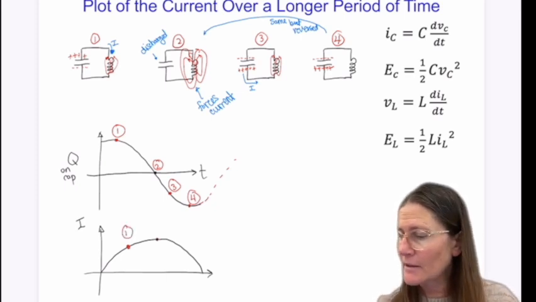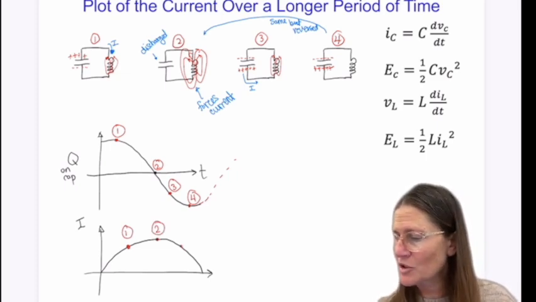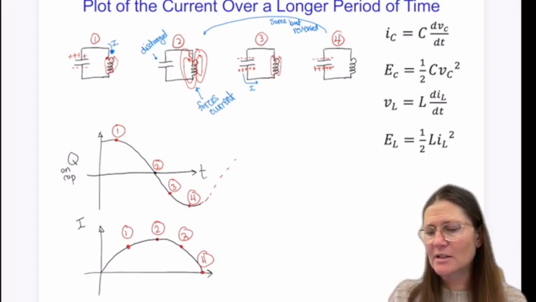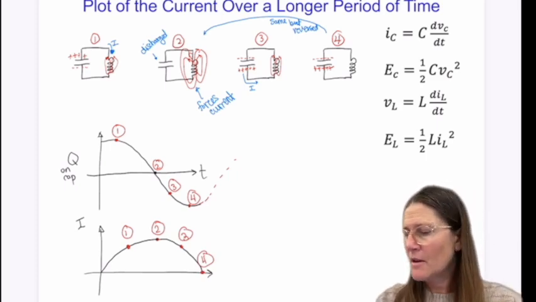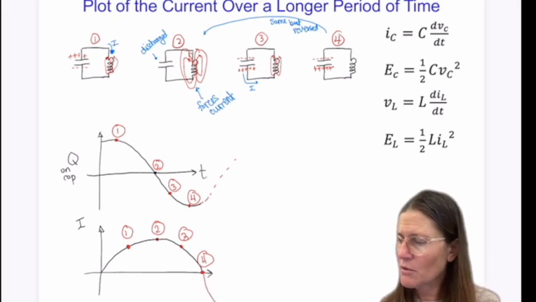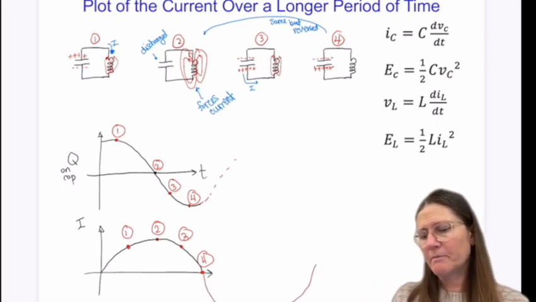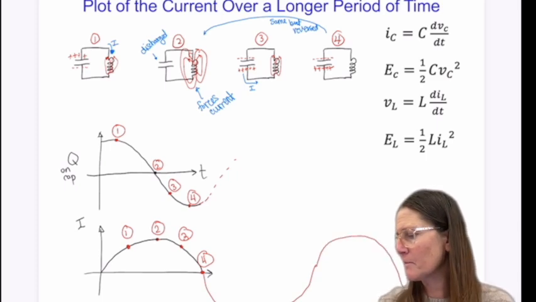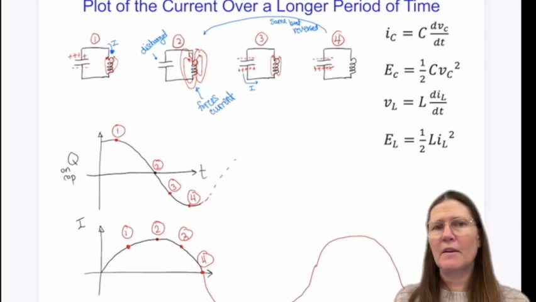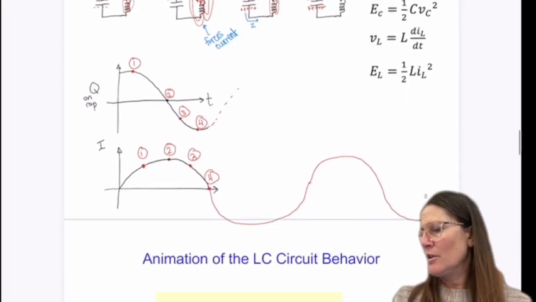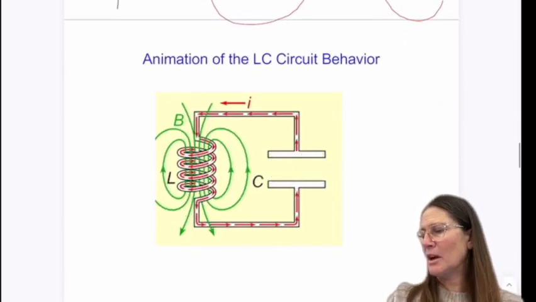Then it gets its max at 2, and then it switches direction and starts to go down at 3 until it's back to that beginning state at 4. Then it's going to reverse itself again and keep oscillating up and down. So it looks like this.